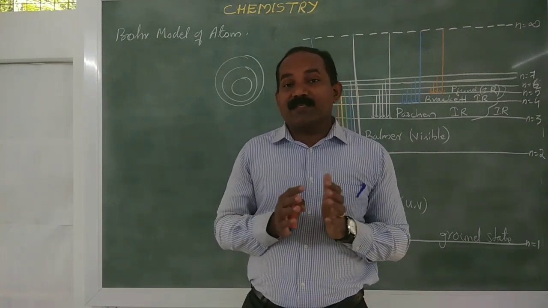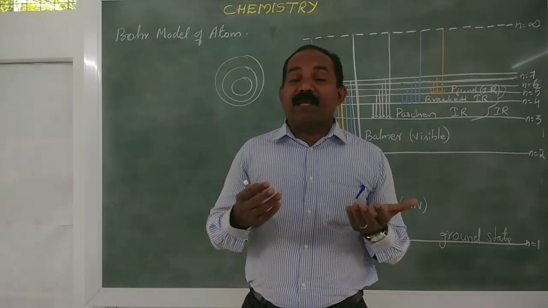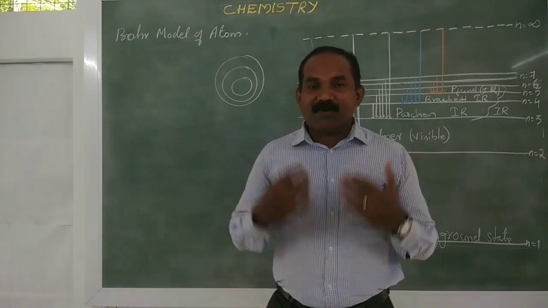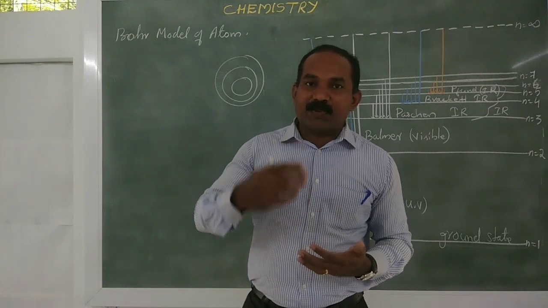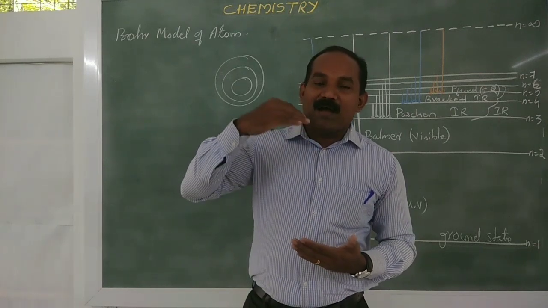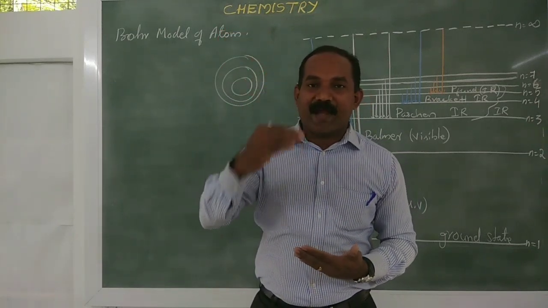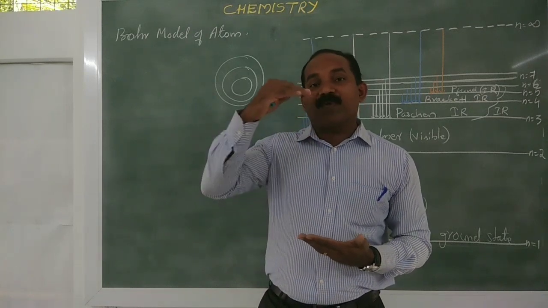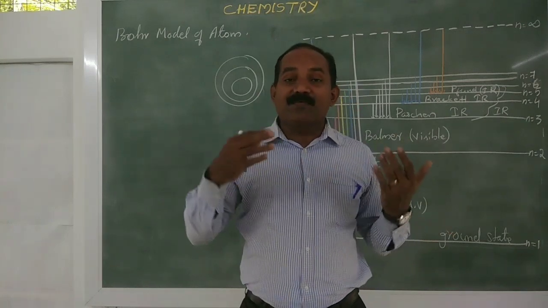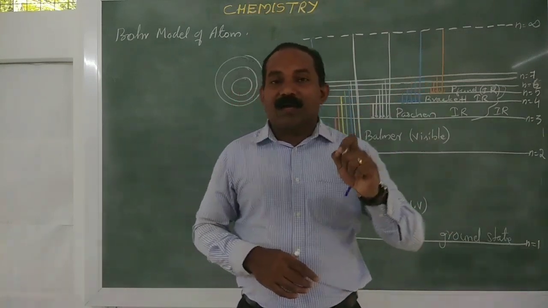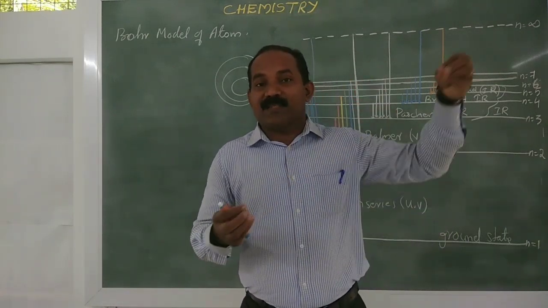So different hydrogen atoms absorb different amounts of energy, and the electrons occupy different energy levels, maybe the second level, third level, fourth level, fifth level, or they are free, that is infinity. It is a lack of attraction between electron and nucleus, so we can say infinity.